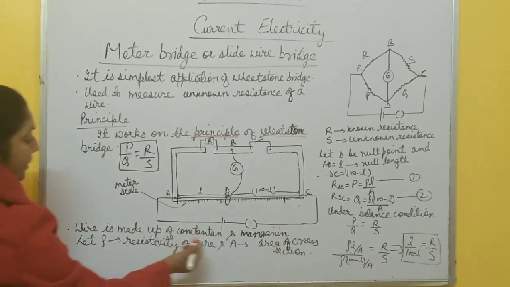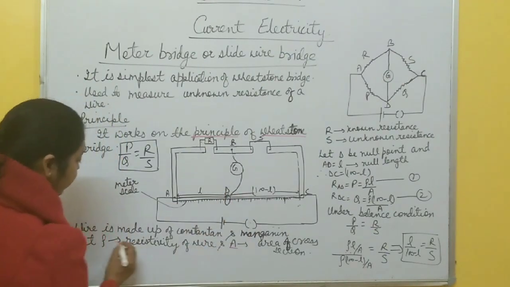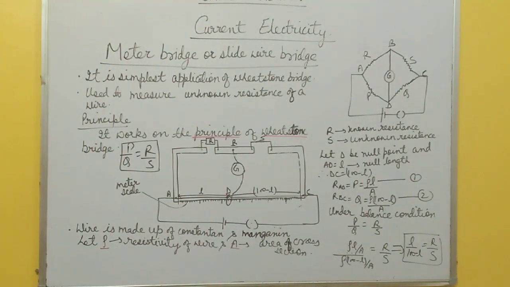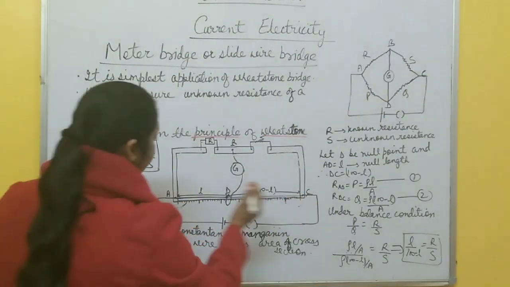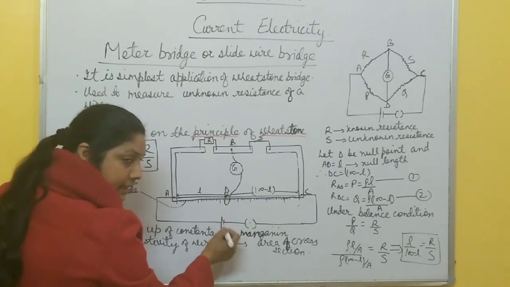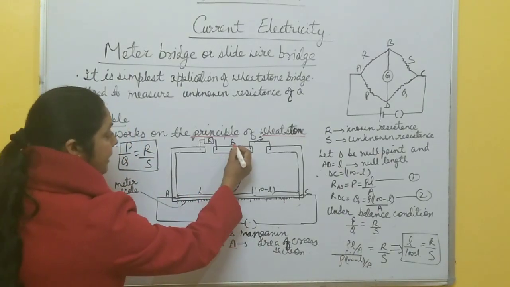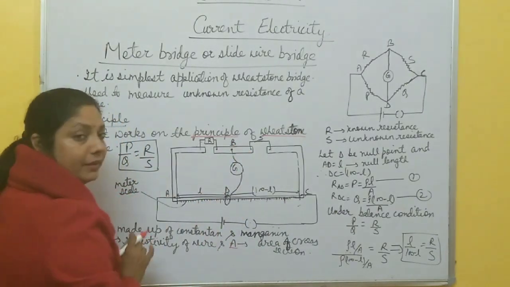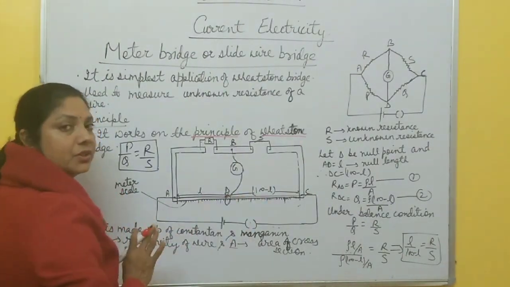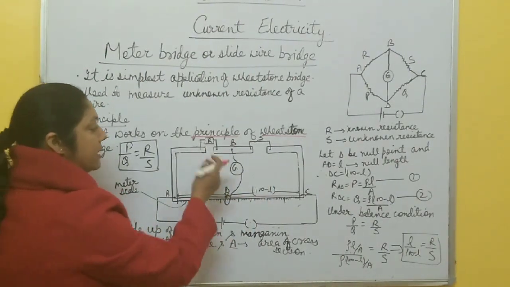Let's suppose that A is the area of cross section of this wire and rho is the resistivity of the wire. Now again, let us suppose that between A and C, one cell is connected, and between B and D, a galvanometer is connected, right? Now how does it form the four arms?